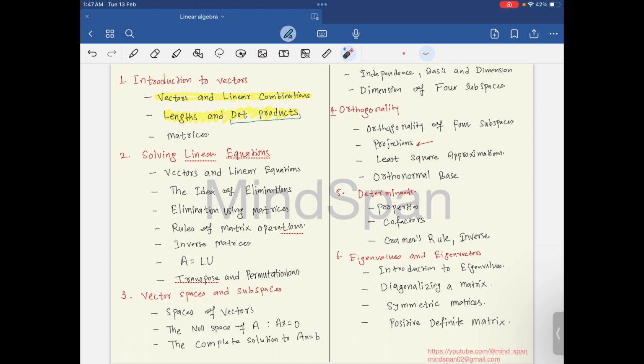Today's session we will be looking at the problems based on this topic, and you will have the assignment and homework also. Today's lecture will be the end of this subtopic. After that we will be starting with matrices.